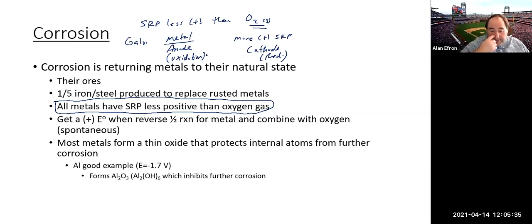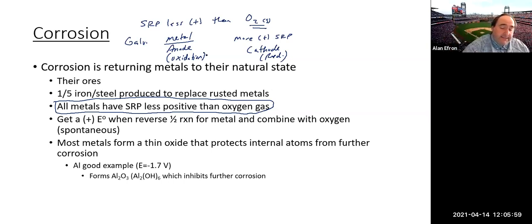For example, aluminum, when it goes through oxidation, creates an aluminum oxide layer. Although the top layer gets oxidized, all the metal underneath that layer is now protected from further oxidation because that little layer of aluminum oxide formed.